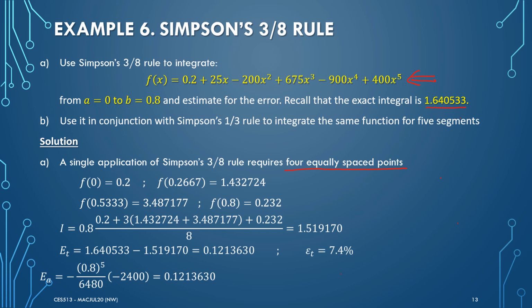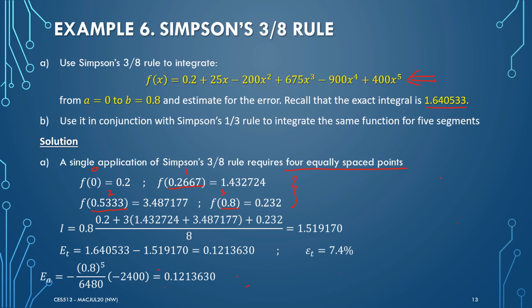So we have here the function with different values of points, which is 0, 0.2667 for point number 1, 0.533 for point number 2, and 0.8 for point number 3. So this one is point node, point 1, point 2, point 3.